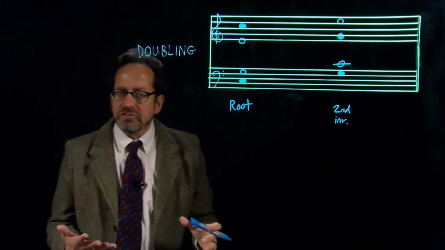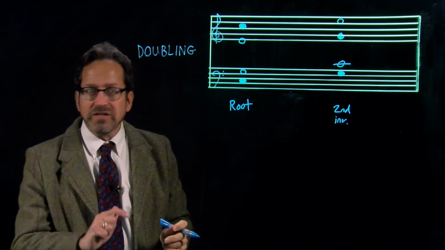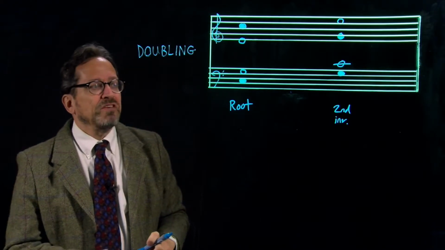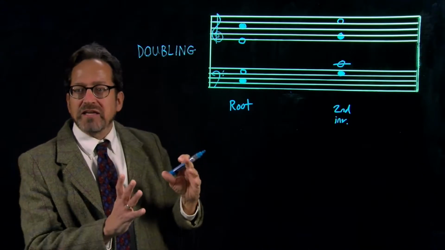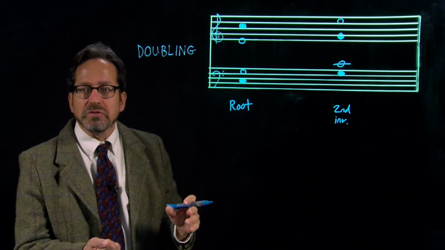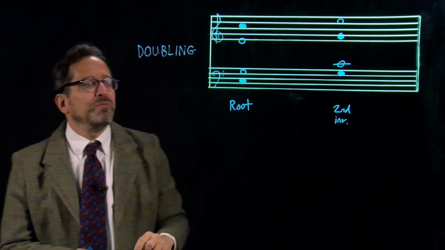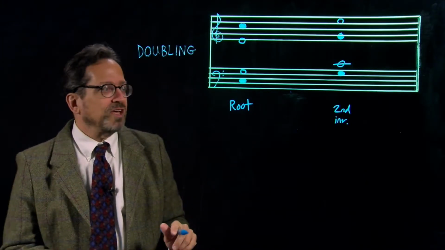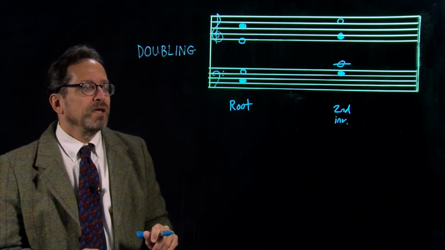So in most situations for a root position chord or a second inversion chord, we can double the bass. And as you see from these two examples, the voice that can be used to double the bass can vary depending on the spacing that you are using in arranging your chord. So in my root position chord, I'm doubling the bass in the soprano, but in the second inversion example, I'm doubling the bass in the alto voice.